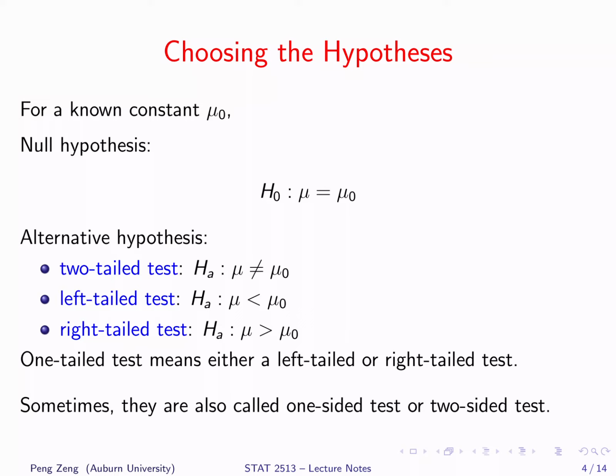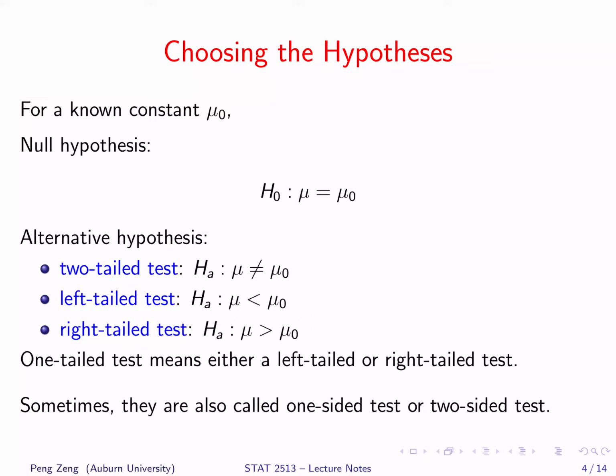These three cases are referred to as two-tailed test, left-tailed test, and right-tailed test, respectively. The last two are also referred to as one-tailed tests. Sometimes instead of tail, we use the term side. We can call them two-sided test, left-sided test, right-sided test, and one-sided test.